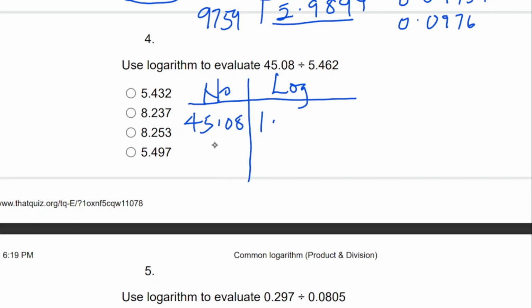We now check 45 under 0. 45 under 0 gives us 65, 32. Then difference 8 is 8. So that is 65, 40.